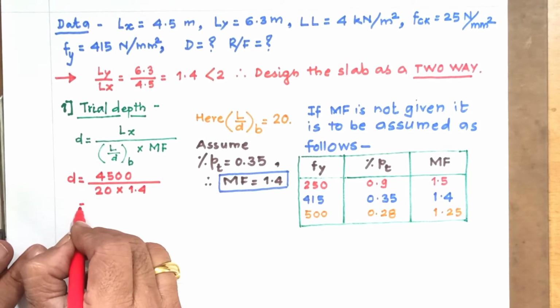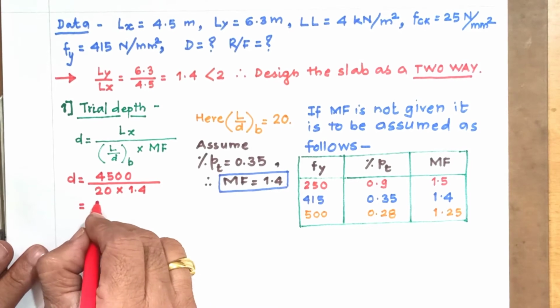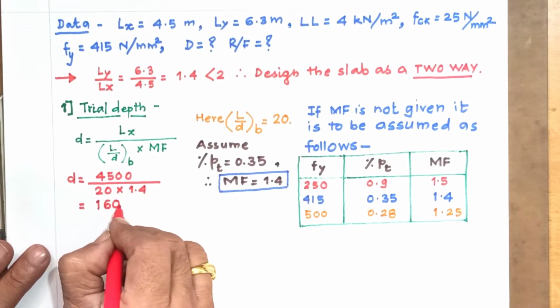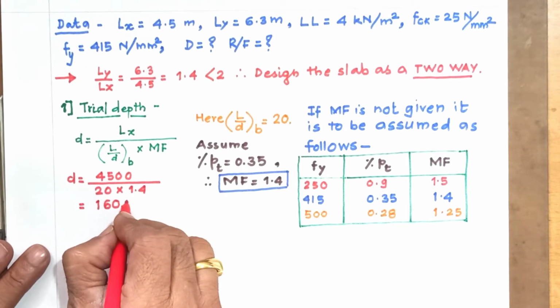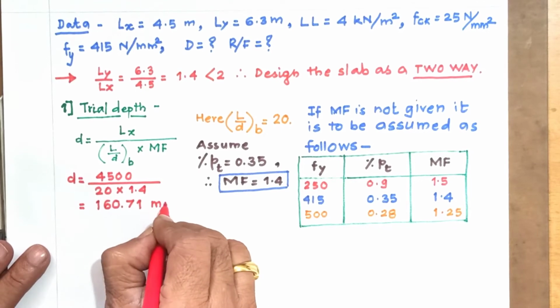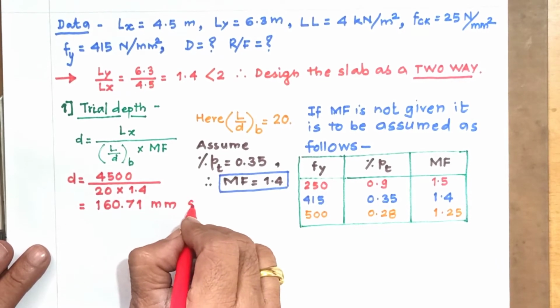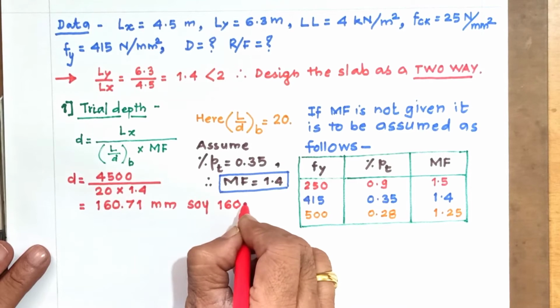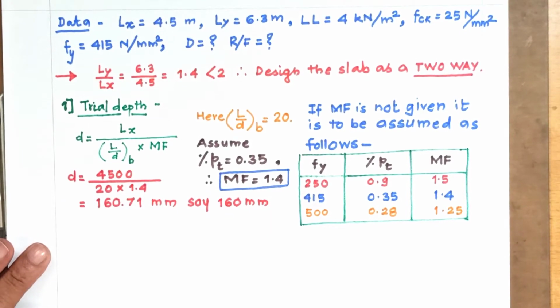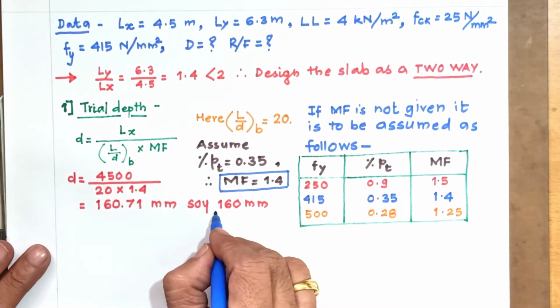If you calculate this value, it comes out to be 160.71 mm. Say 160 mm. Okay? So this is the value of small d.